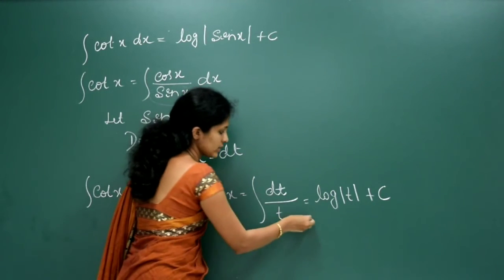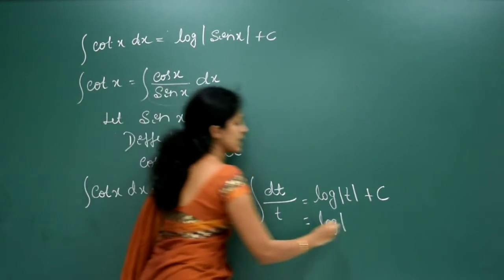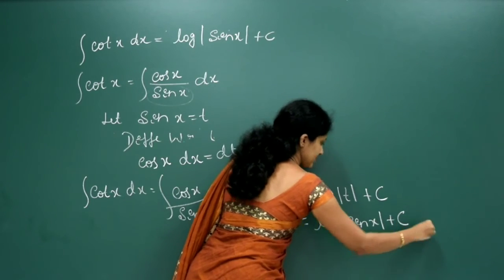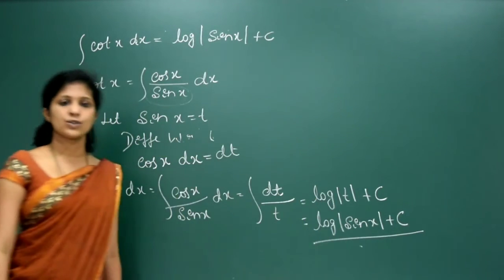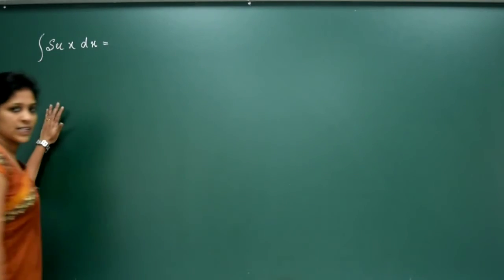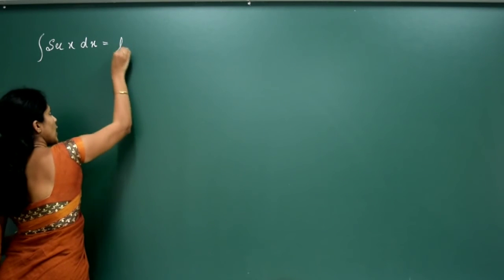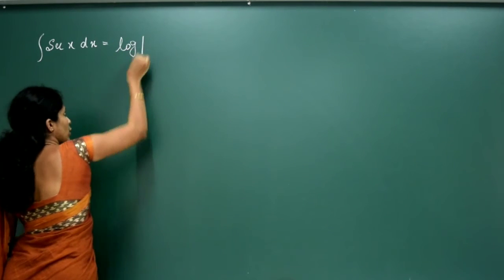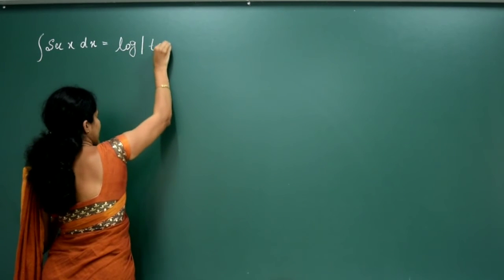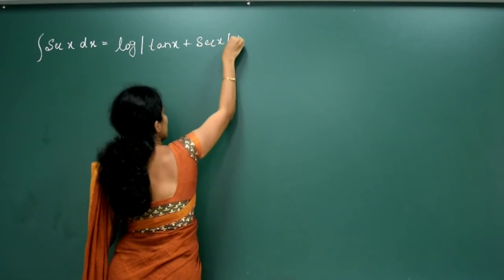Anyway the negative sign is not there, so directly we can write log mod of sin x plus c. Okay, remember integration of tan x and integration of cot x. Next one, integration of secant x into dx. This is also a log mod form: log of mod of tan x plus secant x plus c.